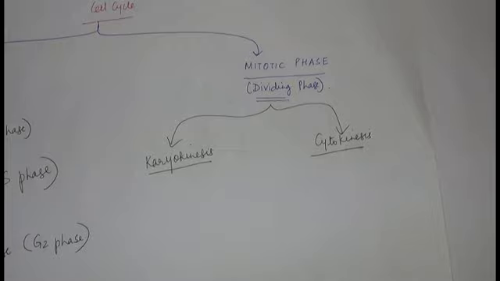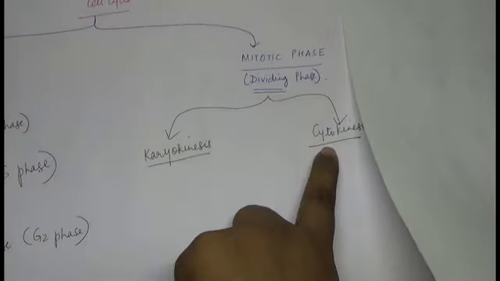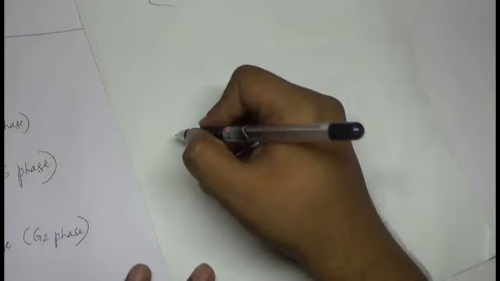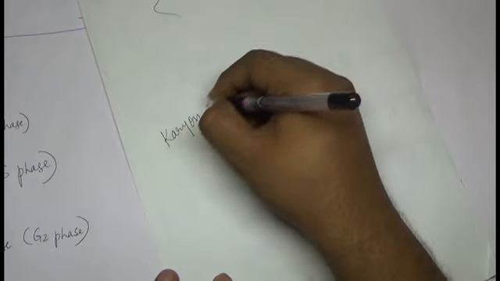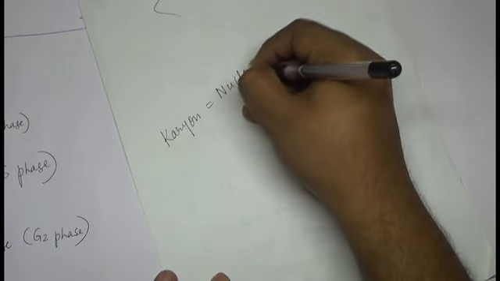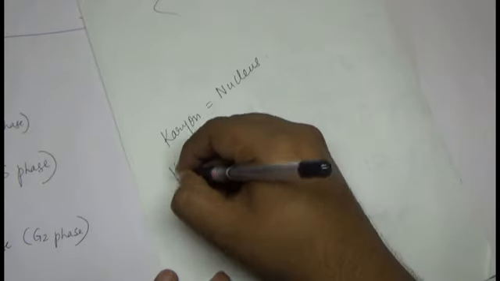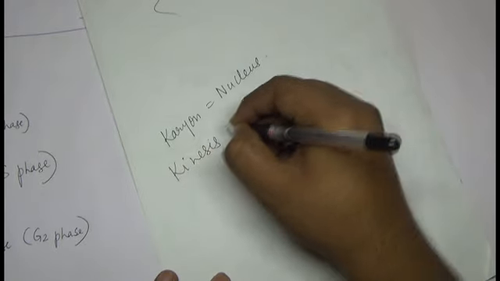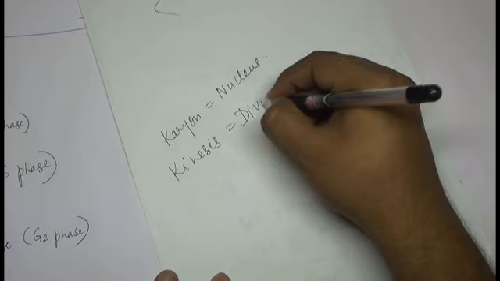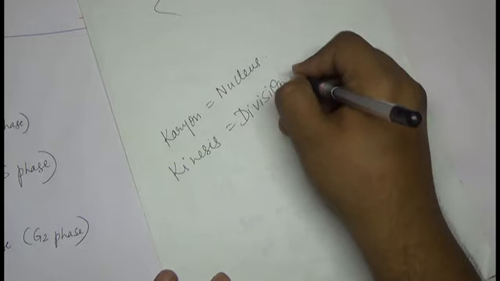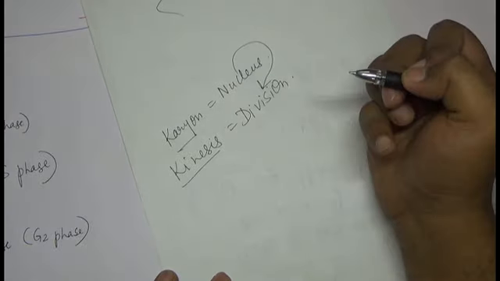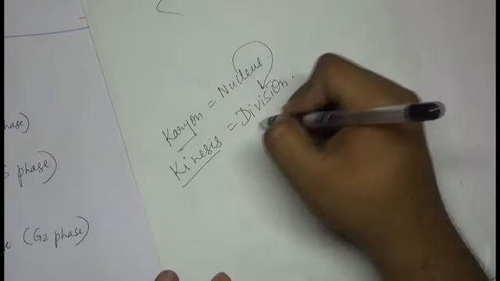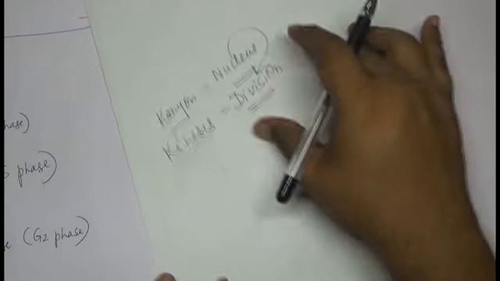Again we have a brief discussion as to what is karyokinesis and what is cytokinesis. The term karyokinesis comes from the word karyon. Karyon means nucleus, and kinesis means division, right? So karyokinesis means nucleus division. Nucleus division is called karyokinesis.